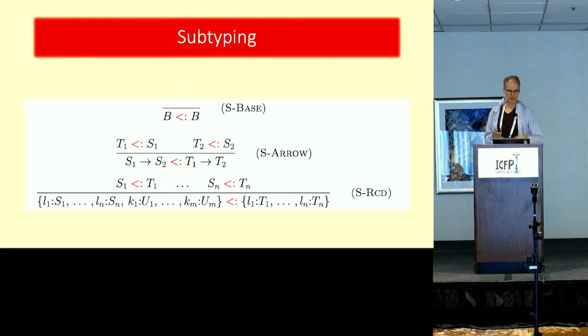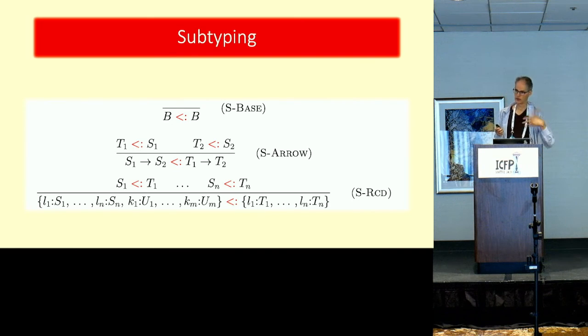So each base type is less than itself. Arrow types have the usual covariant, contravariant rule. If you haven't seen it before, I will not take the time to explain it now, but on the left-hand side, we have to swap the sense of the subtype relation so that everything works out.